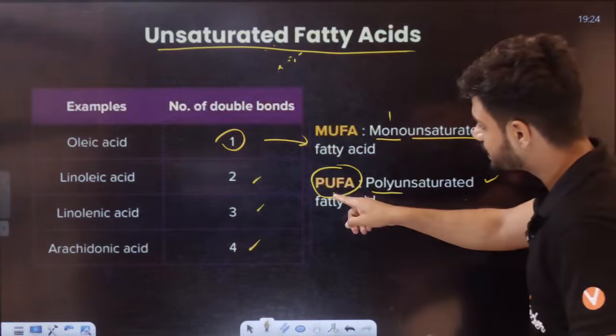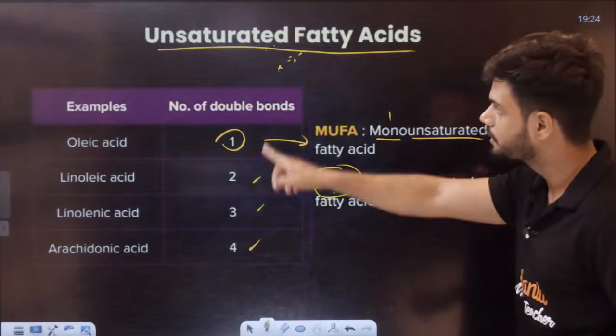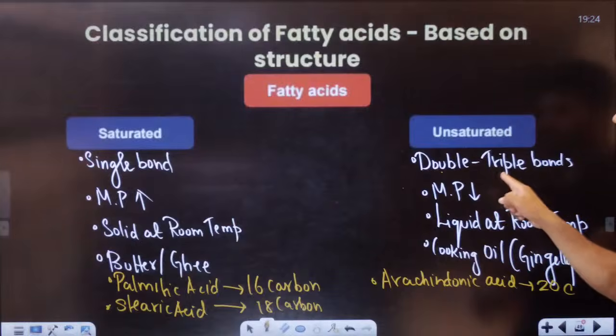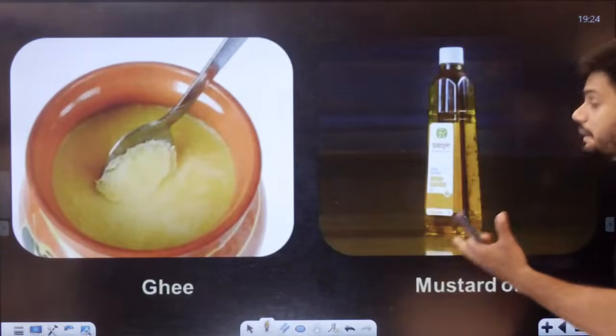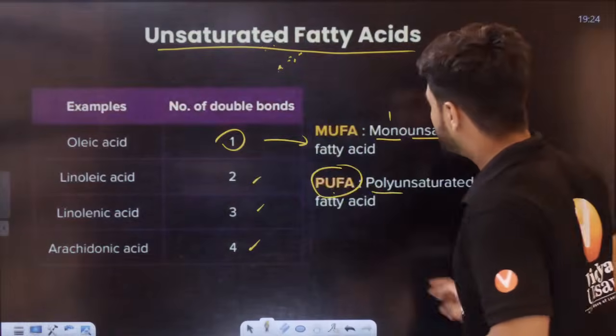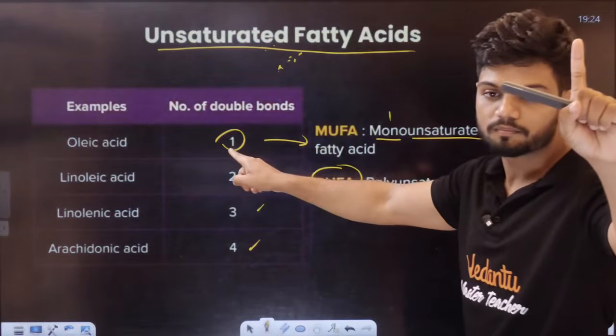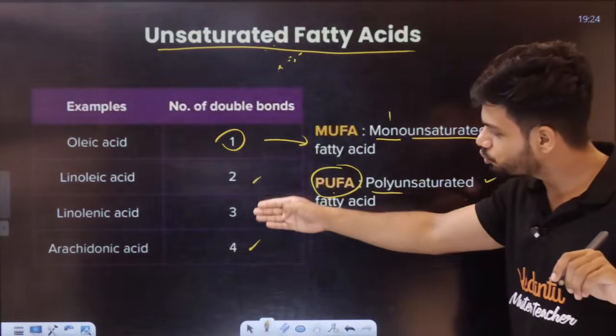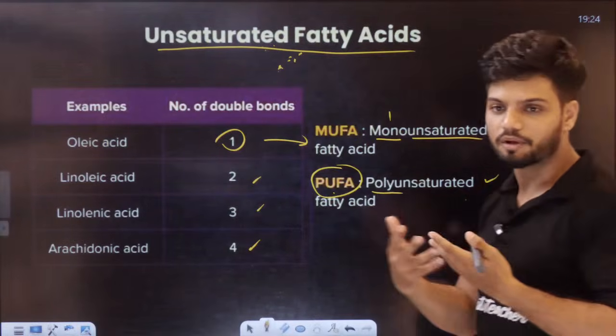PUFA basically means there are more double bonds. See, unsaturated first of all means a double bond or triple bond is present. Now, how many double bonds are present? In the case of MUFA, only one double bond, while your PUFA has 2 or 3 double bonds here. More double bonds.